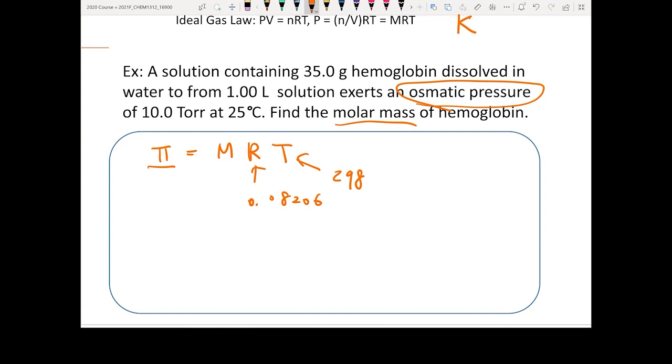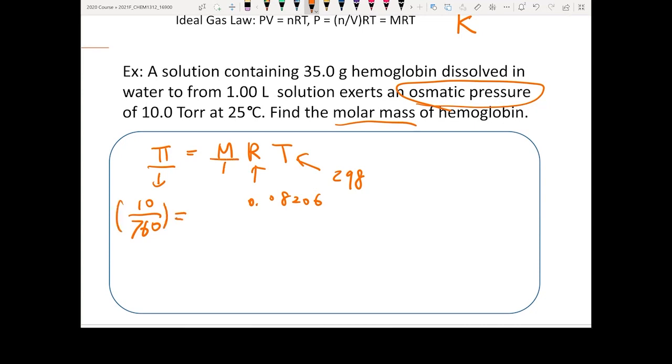What's the unit of your pi? atm, right? What's the unit in your question? Torr. Do you know how to convert torr to atm? 1 atm is equal to 760 torr, so your pi is 10 divided by 760, and this will make it atm.